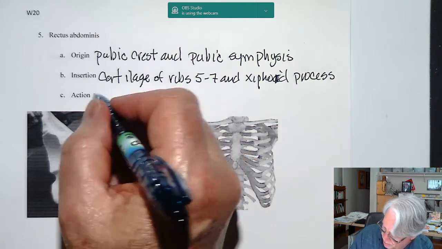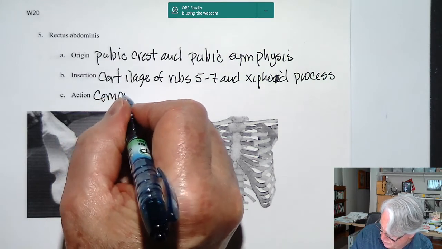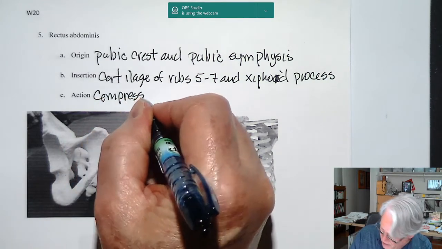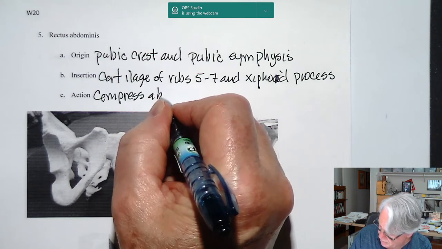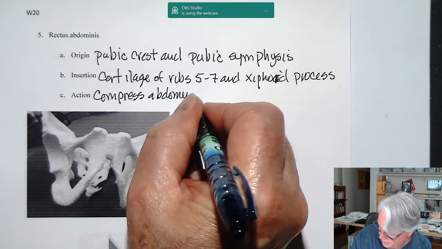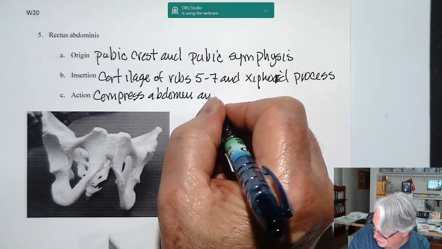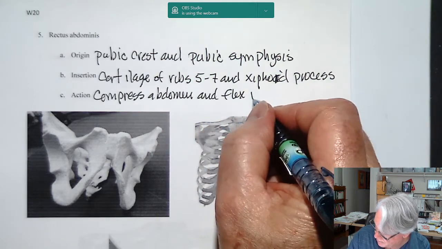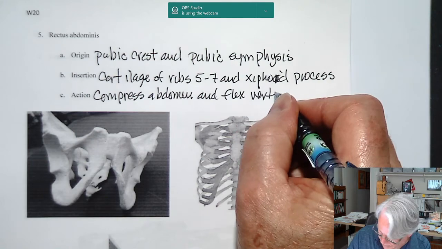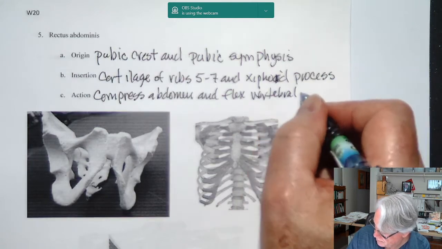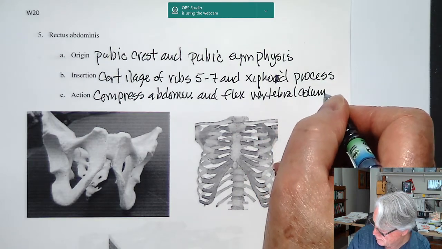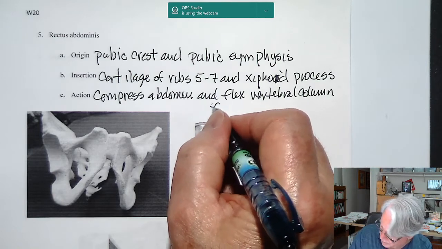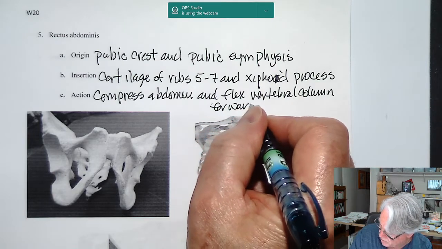And the action is compress the abdomen and flex vertebral column. And we're going to add forward to indicate the movement like a sit-up.